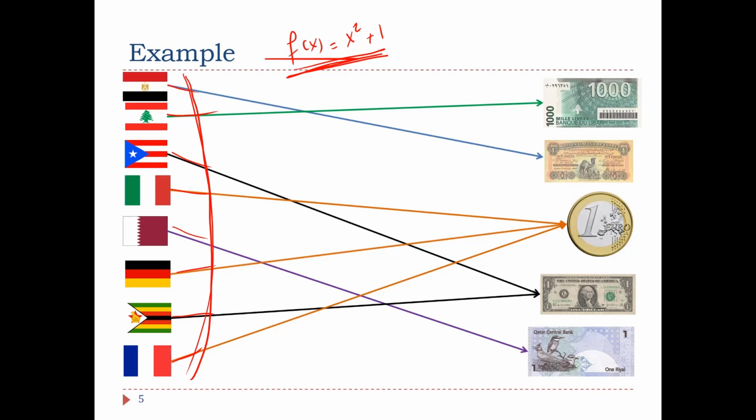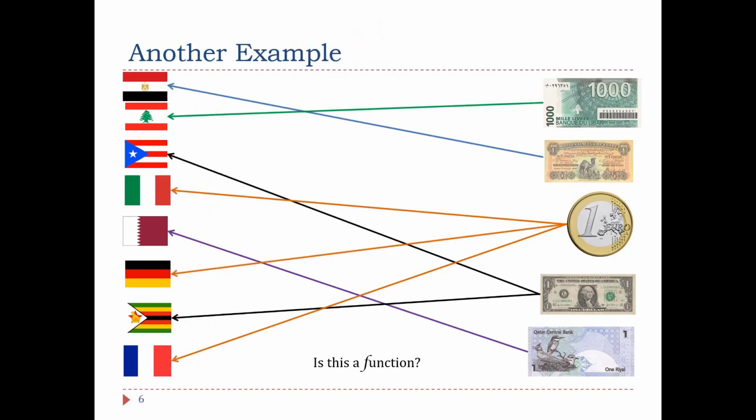Well, if you consider the mapping the other way around and you look at this side, you see some exceptions. You see here that certain currencies are mapped to more than one element. So this is why this mapping here is not considered a function.